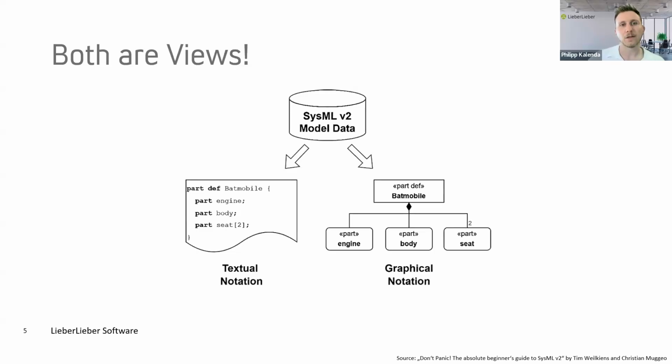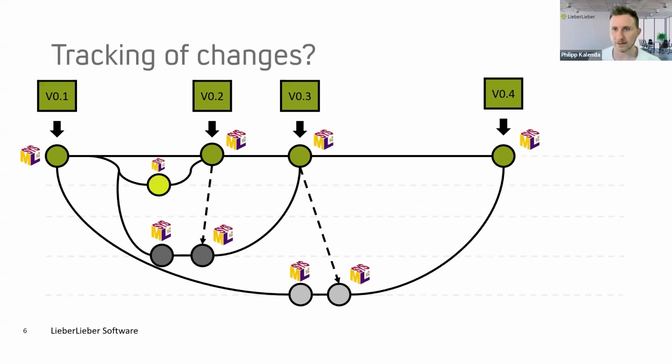And if we now think of collaboration and how we track changes, if you take a look at the left side, the textual notation, since it looks like code, the first and obvious idea is to use version control systems, for example, Git.